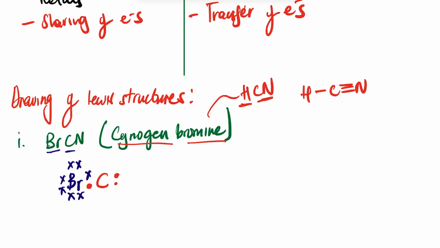And then the nitrogen, it's in group 5. It will have 5 valence electrons, but it needs 3, so it's going to get 3 from carbon, and the carbon is going to share 3. Here are the 3 from the nitrogen, and then it's going to remain with 2.